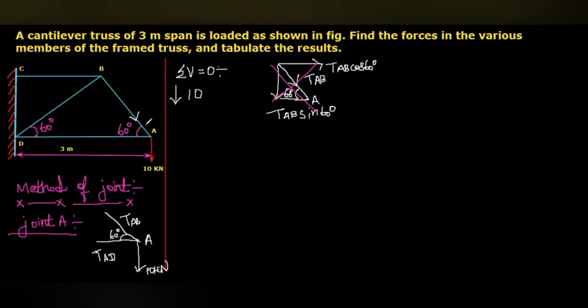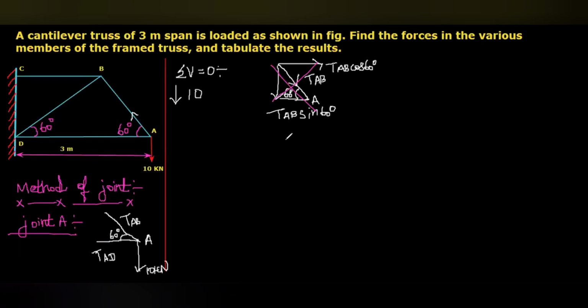Then the next possibility is that it may act outwards from the joint A, like this.